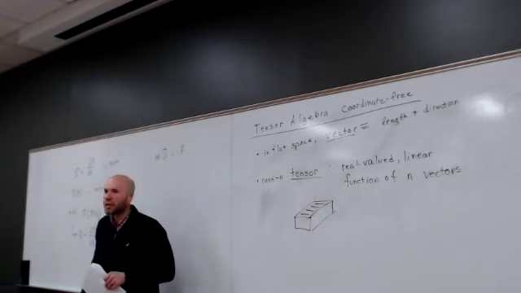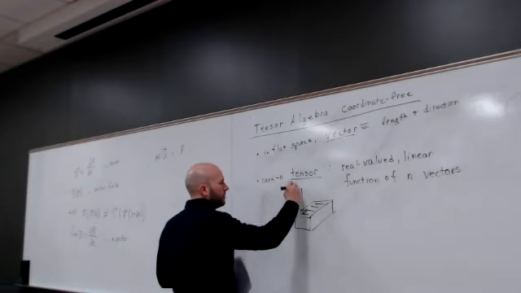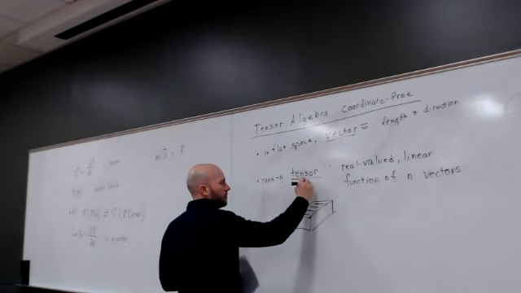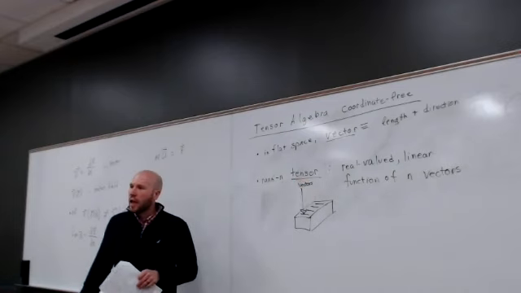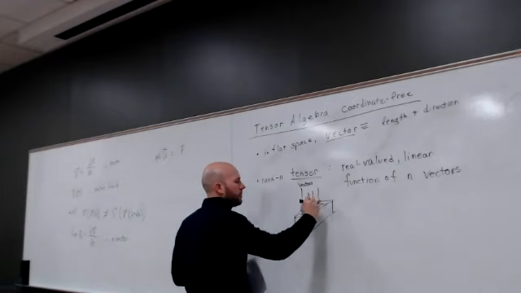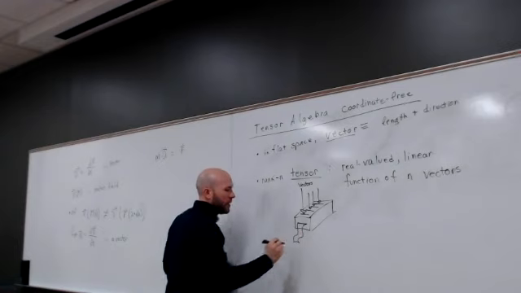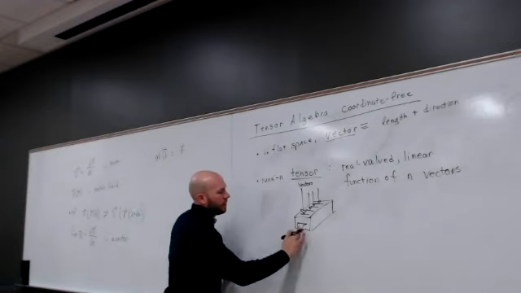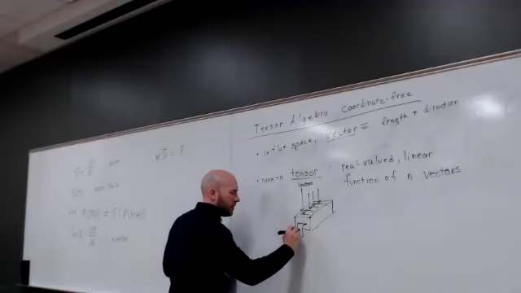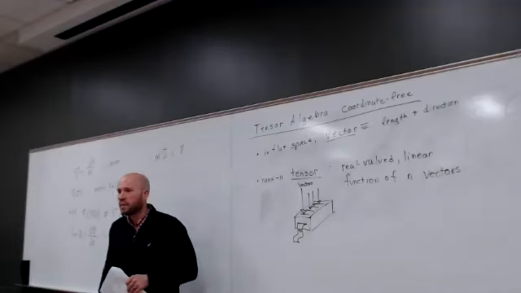The number of slots on the top is the rank of the tensor. And into these slots, I can put vectors. And if I put vectors in each one of the slots, out the side, like some ticker tape, comes some number. In this case, it happens to be 42. A real number, right?